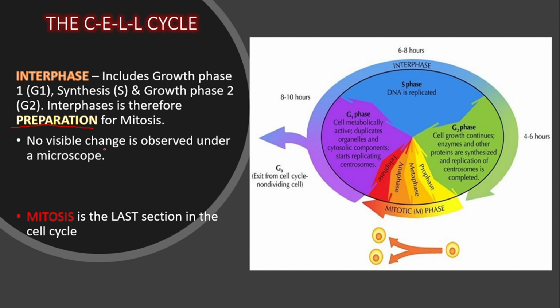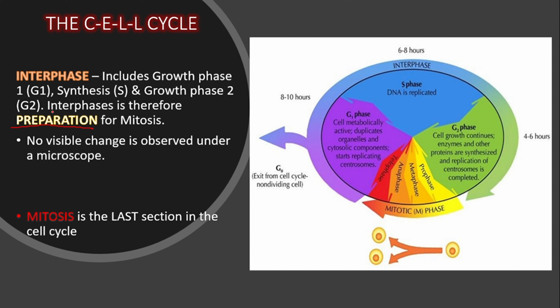Okay, so in this case, if you were to observe the change here under a microscope, you won't really see it, but there would have been growth that has taken place. The chromosomes will have replicated, or the DNA would have replicated, and the cell would have continued to grow.